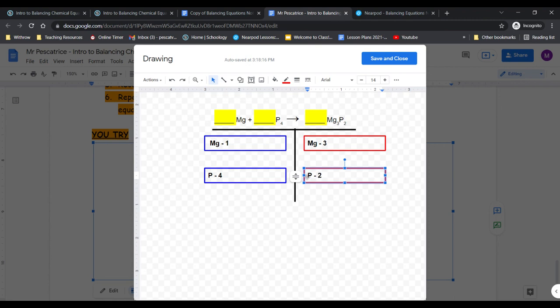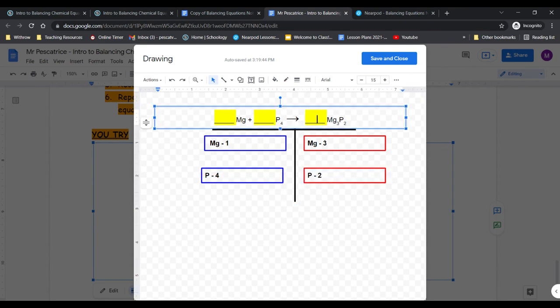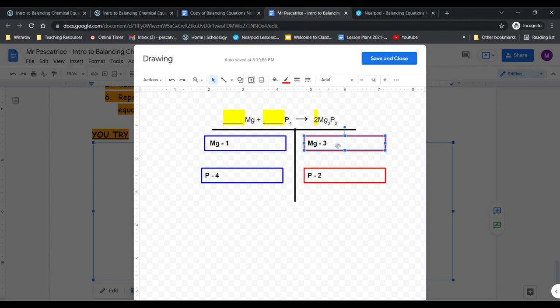So with P, what do you have to multiply 2 by in order to get to 4? All right, the answer is 2. So where you find P, the compound you find P in up at the top, you have to multiply the whole thing by 2. So I'm going to put a 2 in front there.